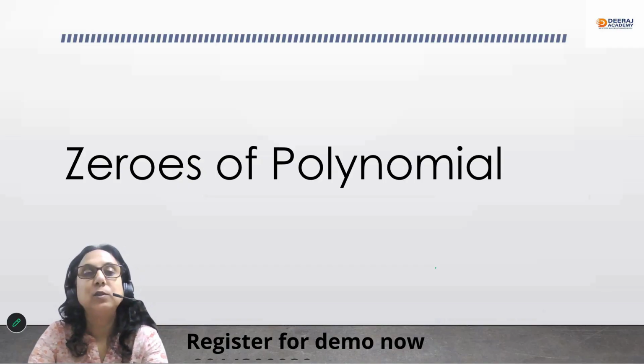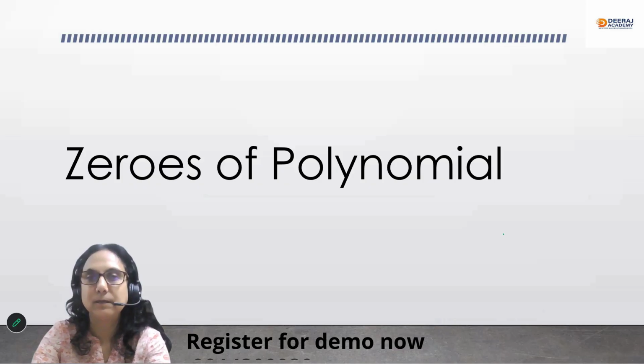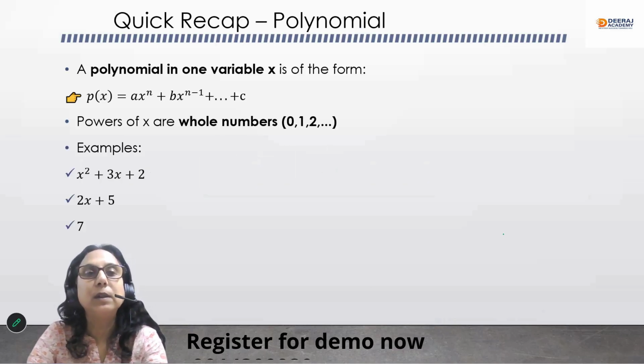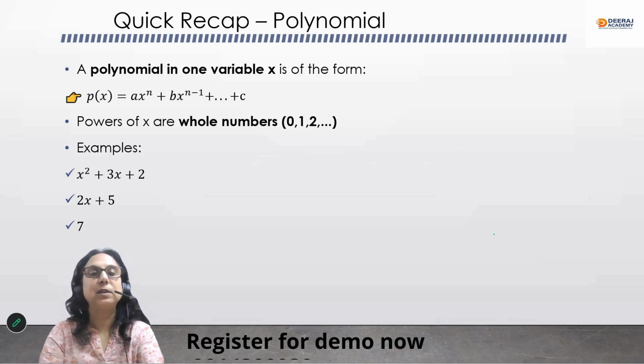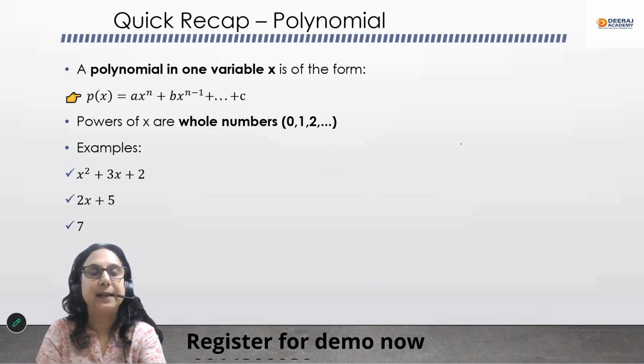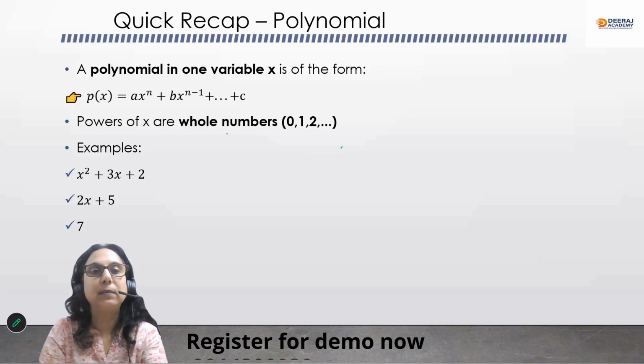First we will see what a polynomial is. A polynomial is an algebraic expression in which the powers of x are whole numbers. What is a whole number? Whole numbers are the counting numbers.